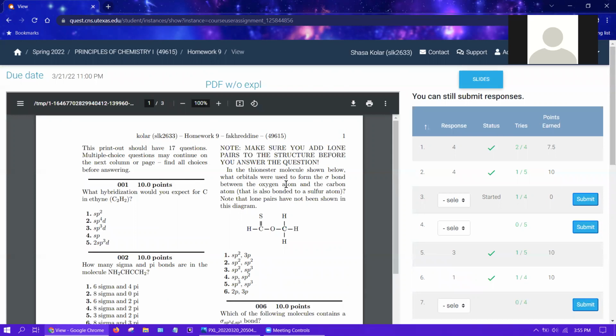I thought the sigma bonds would be between the carbon and oxygen, since the hybrid, I guess the regions of high electron density around the carbon that's attached to the sulfur would be, wait, I thought it was 3 at first, so that would be 3? SP. Yeah.